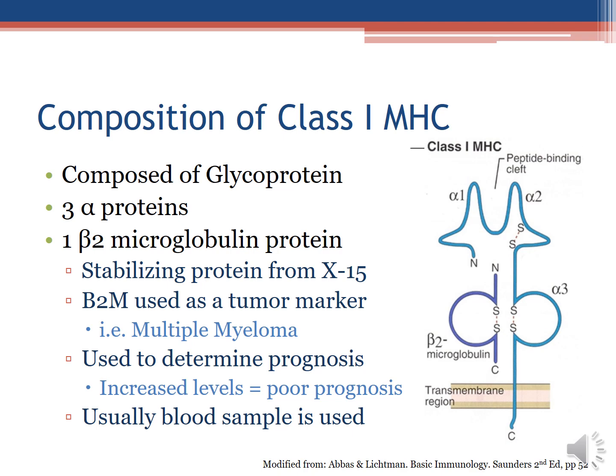We usually use this marker as a determinant of the prognosis of multiple myeloma, and when we see increased levels, typically this determines that this patient has a poor prognosis for not recovering from multiple myeloma. And this is a simple test. We can detect this in our blood samples, so simple test to run.